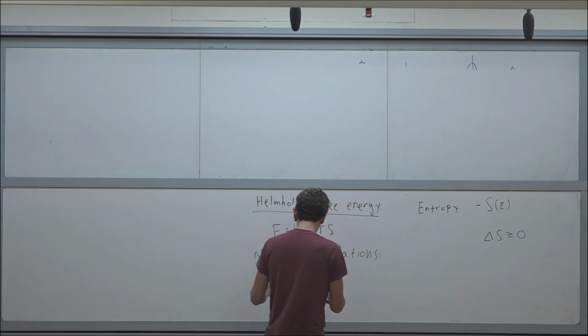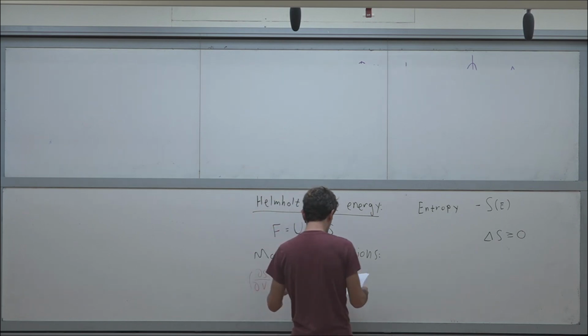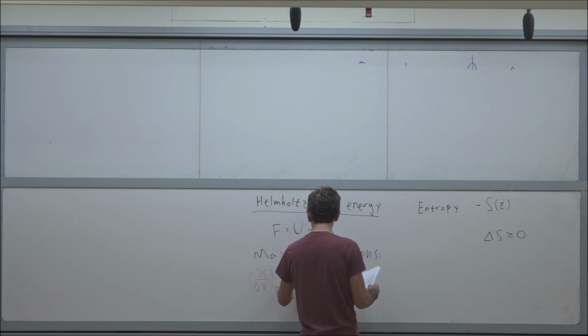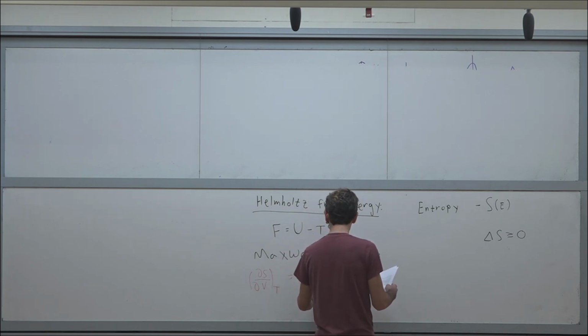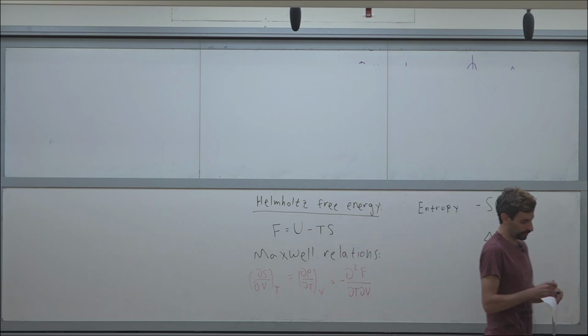For example, the partial derivative of S with respect to V when T is constant is equal to the partial derivative of P with respect to T when V is constant, which is equal to, okay, this is one example.